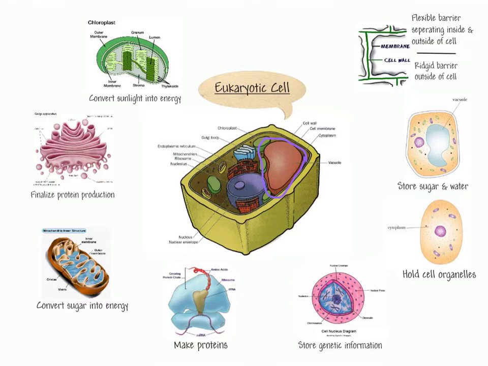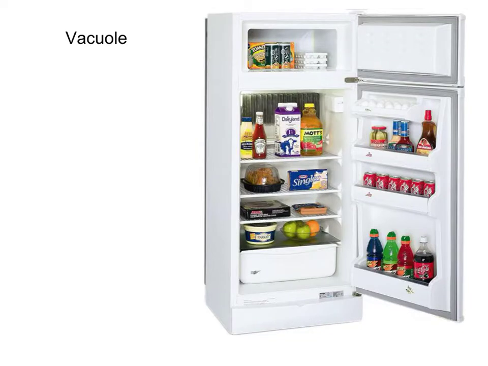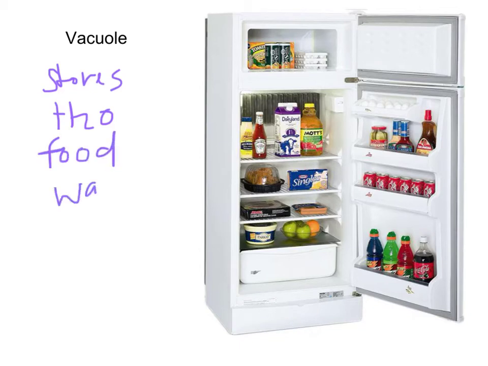So the vacuole is like a refrigerator, and it stores food, water, and waste. Now, obviously, we don't keep our waste in the refrigerator, so you might think of it like a trash can as well.